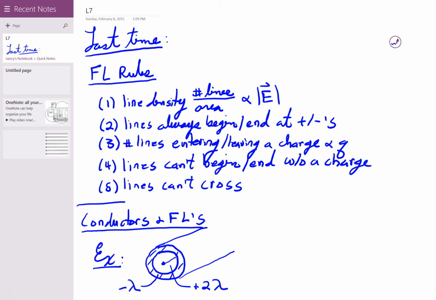The second rule is somewhat related to this first rule, actually. What it tells you is that the field lines always begin or end at either a positive or negative charge, respectively. That again comes about from our fluid analogy. Remember how the fluid analogy works.